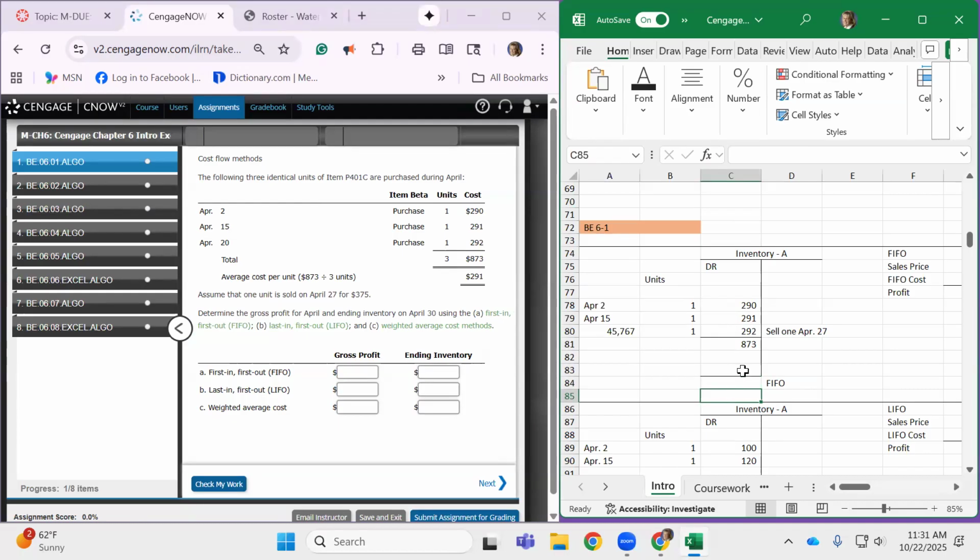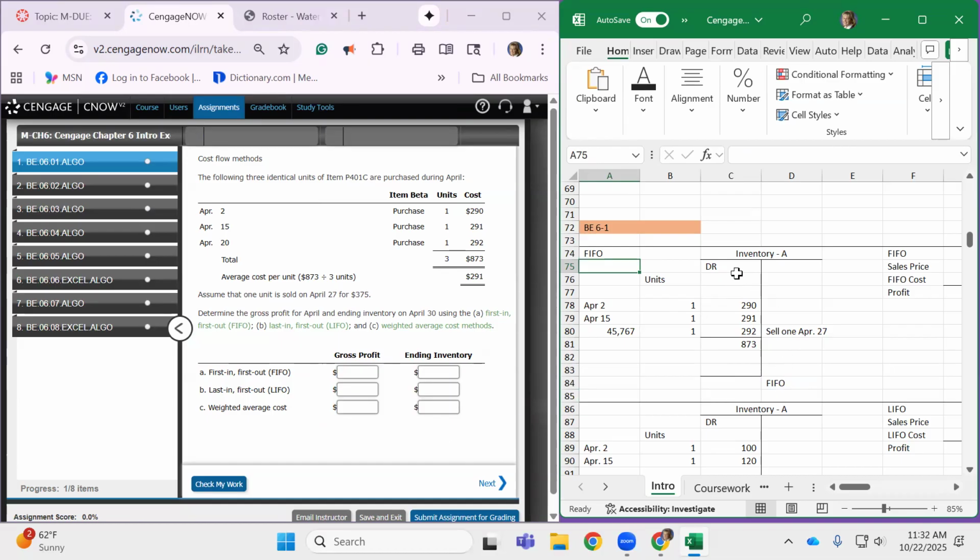If we sell one of these, this is going to be FIFO, first in, first out. I'm recording right now, Monty, so you'll be able to follow along if you get a chance to.